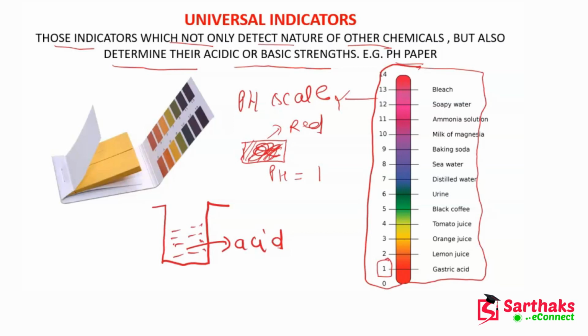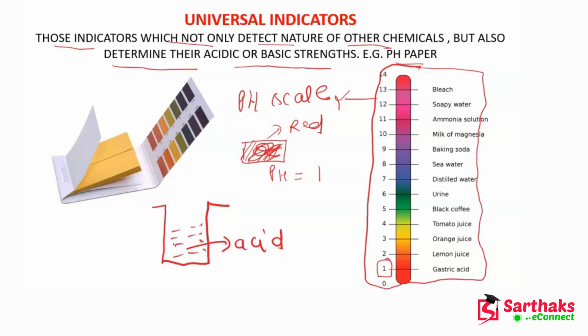Now you might be surprised how I told you whether it is acidic or basic just by telling you the pH. It is very easy, and you can also do it. Basically, this pH scale has numbering from 1 to 14.